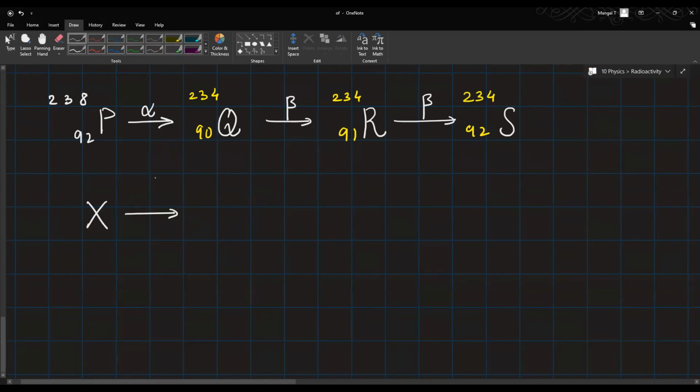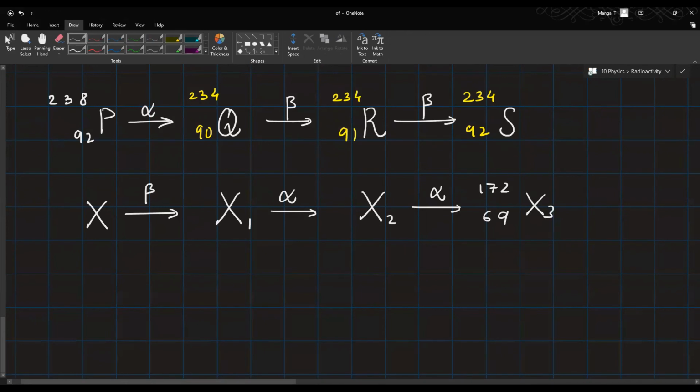This is X. This is beta. This is X1. This is alpha. This is X2. There is another alpha. And 172, 69. That is X3. Okay.